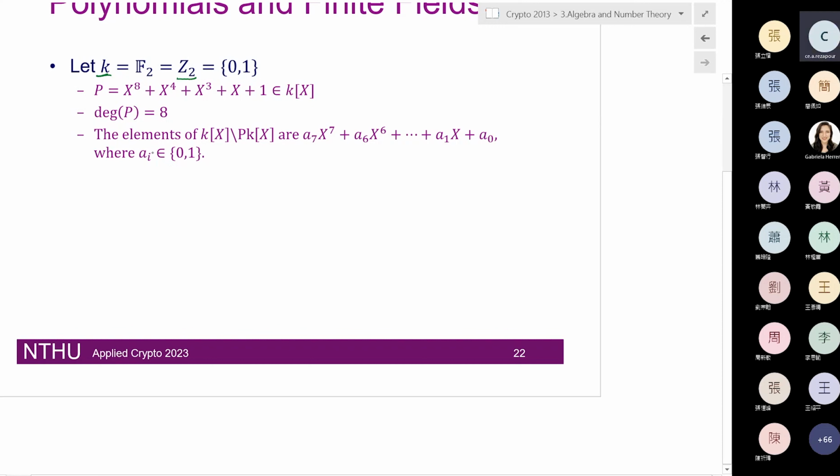So the elements of this group are going to be polynomials that have this format, and the degree of them is maximum 7. And any of these A7, A_i are going to be either 0 or 1.